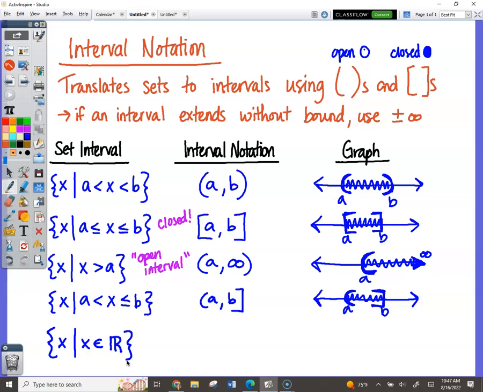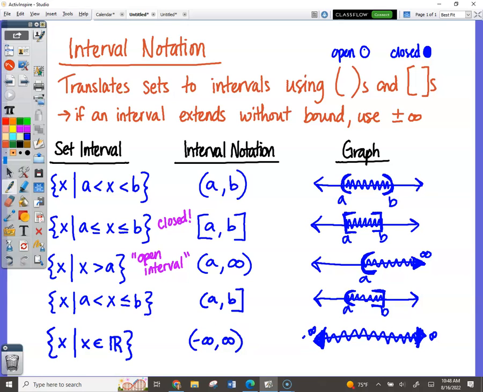Which means it's the entire number line. So visually, it's the whole thing. Like, to infinity and beyond, and also to negative infinity. So because it's going from negative to positive infinity, that is how you write it in interval notation.